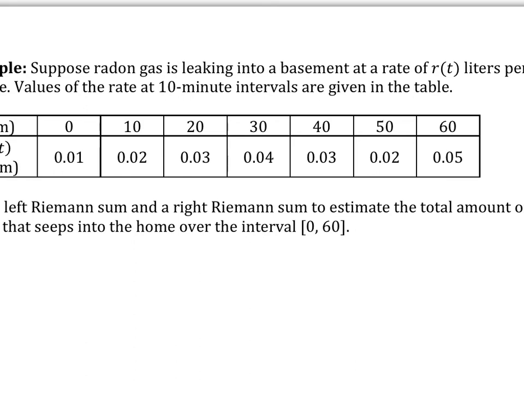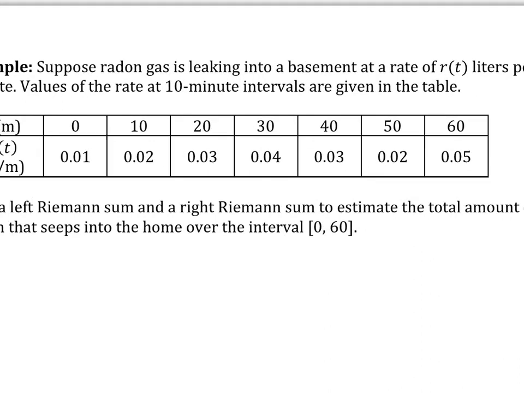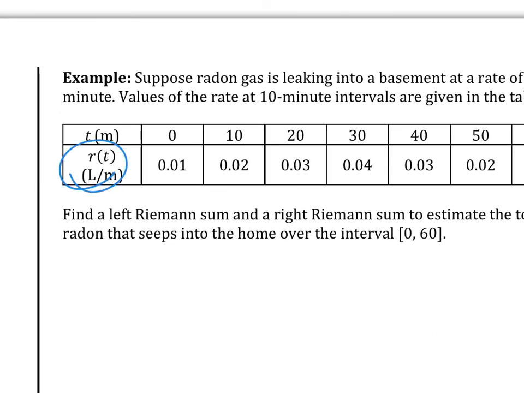Oh, that's bad. Okay, so you have this rate, and that rate is in the unit of liters per minute. What happens if I multiply that by time? Velocity? No. We are not on PVA.